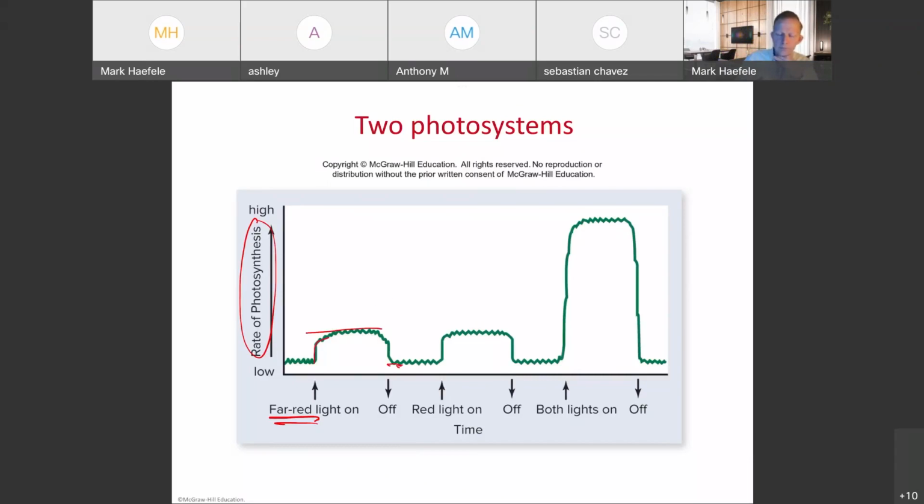When you're more solid in the red, not quite over the infrared side, you notice that you get the same thing, a little bump up of photosynthetic activity, and then it comes back down. Then when you put on both lights, far red and red, so more visible light is absorbed, you can see that you get a huge jump up in photosynthesis, suggesting that you're absorbing more light.